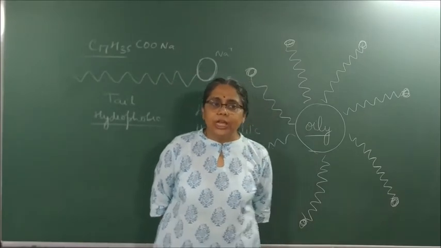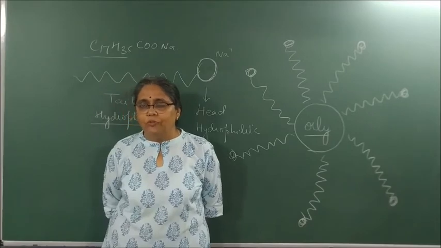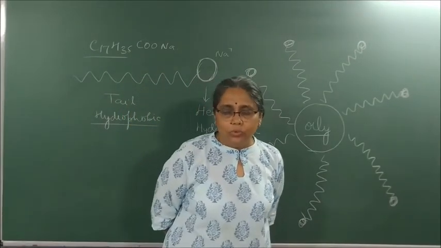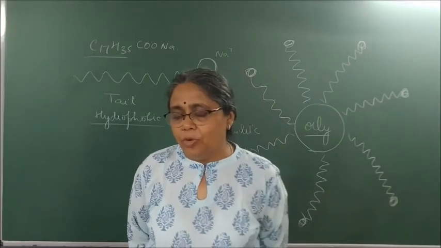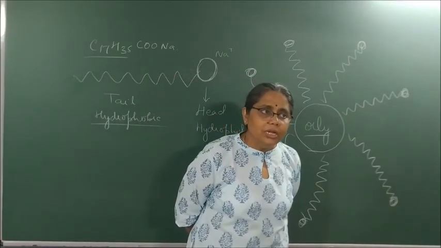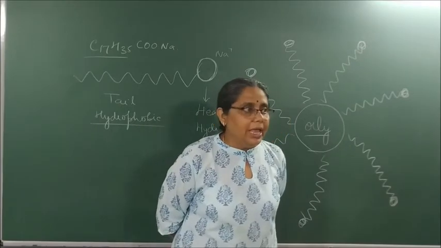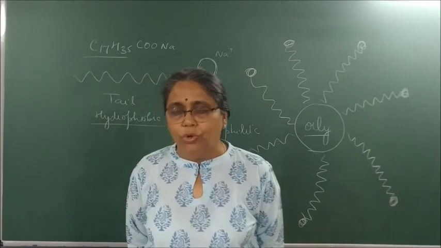What is potash alum? K2SO4, Al2(SO4)3, dot 24H2O. Then we studied ferrous ammonium sulfate or Mohr's salt. What is Mohr's salt? FeSO4, (NH4)2SO4, dot 6H2O.